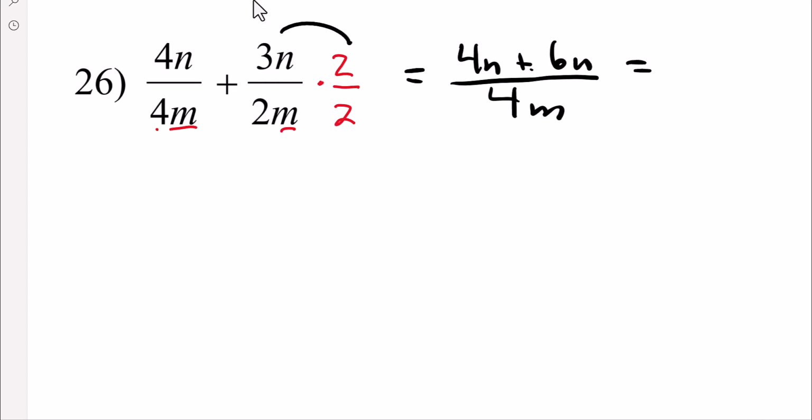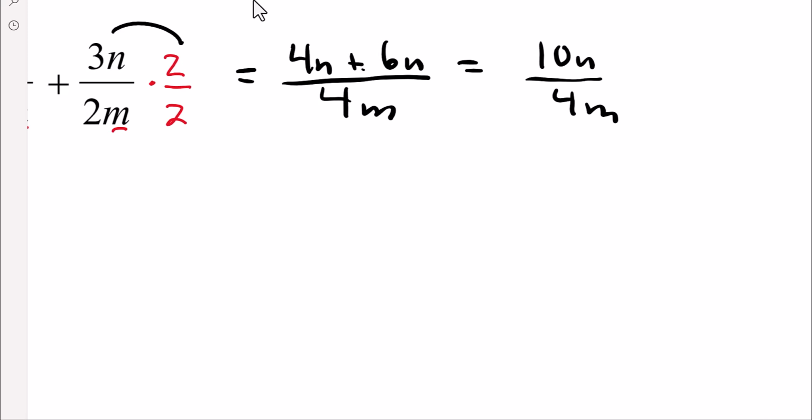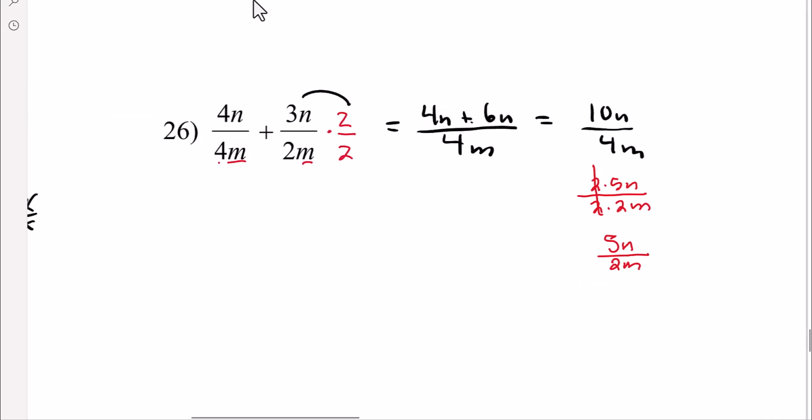So that's going to simplify to 10n over 4m. But the 10 and the 4 will share a 2. So we have 2 times 5n over 2 times 2m. Those 2's cancel to 1. So our final result is 5n divided by 2m.